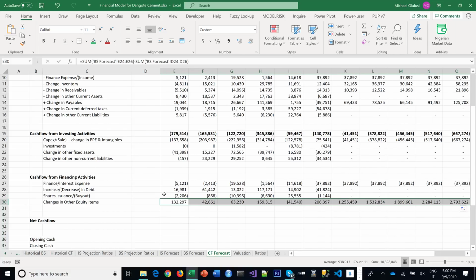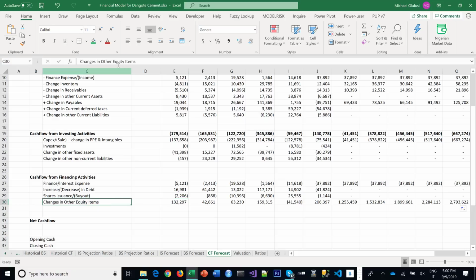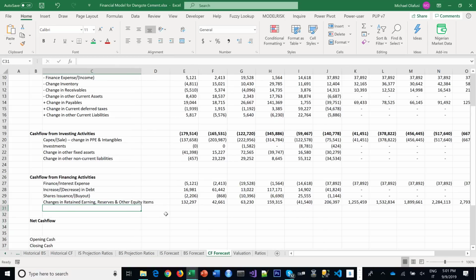So there's going to be a small issue. The retained earnings is also part of these items. So let me just say changes in retained earnings, reserves, and so that makes it easy to read, though it looks longer now.